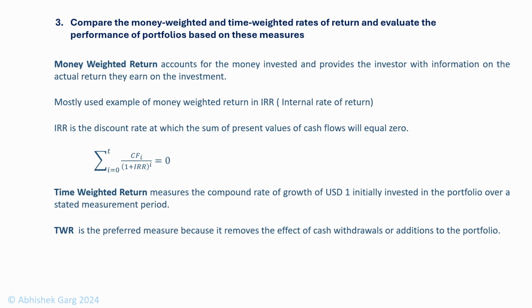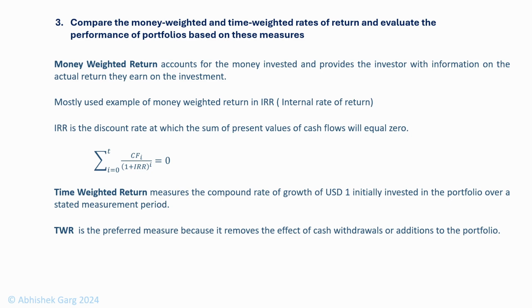Let's talk about the next learning outcome statement. Compare the money weighted and time weighted rates of return and evaluate the performance of portfolios based on these measures. The money weighted return accounts for the money invested and provides the investor with the information on the actual return that they earn on the investment. The mostly used example of money weighted return is the internal rate of return.